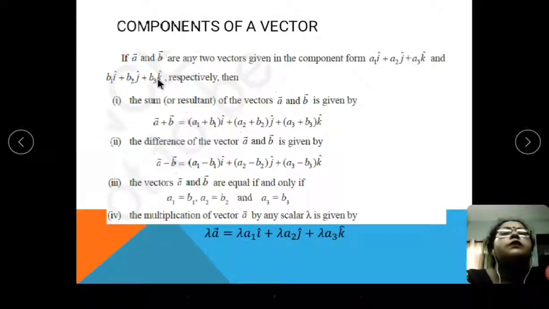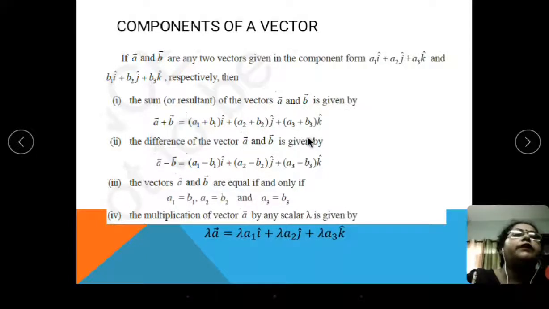So now suppose we have two vectors a and b, where a is represented as a1 i plus a2 j plus a3 k in the component form, that means a1, a2, a3 are the components of vector a, and b is represented as b1 i plus b2 j plus b3 k. Then we can write the sum of the vectors a and b, which we have learnt in our previous lecture, in the component form as (a1 plus b1) i plus (a2 plus b2) j plus (a3 plus b3) k.